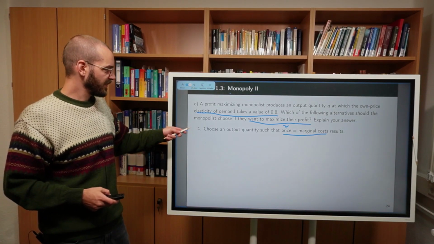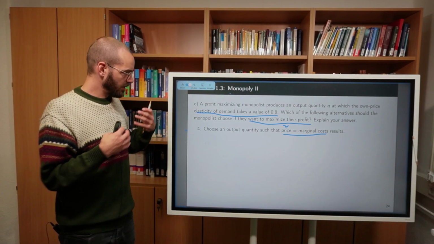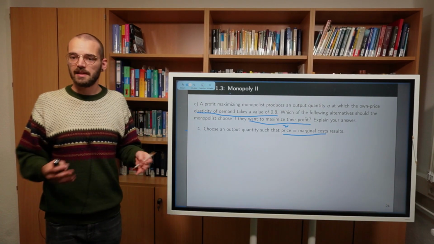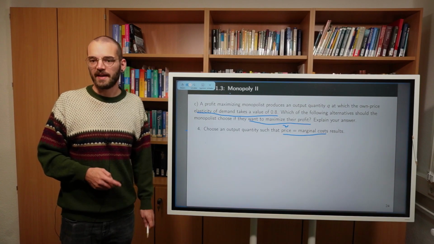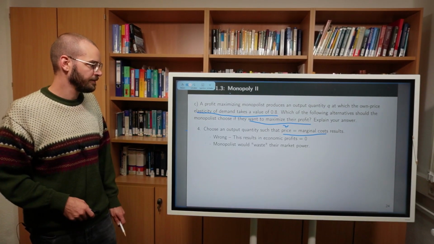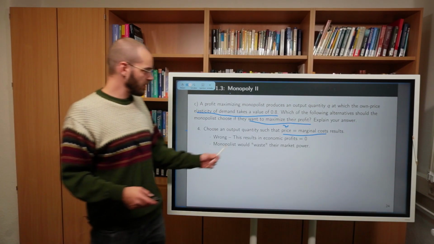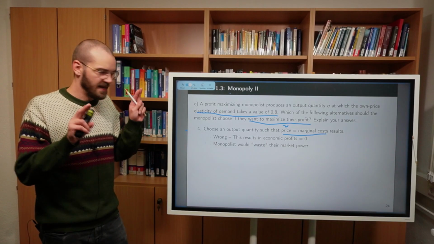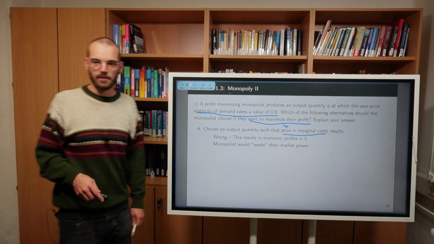But deliberately choosing a price equal to marginal costs will not be the profit maximizing strategy of the monopolist. Right. So in this situation, the economic profits would be zero, and the monopolist would waste their market power, so to speak.